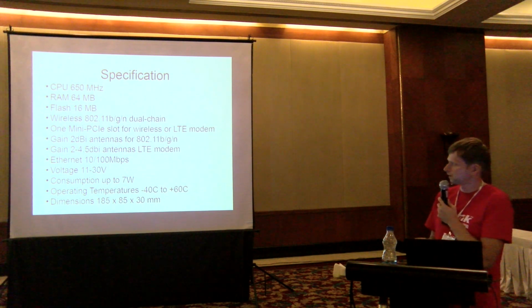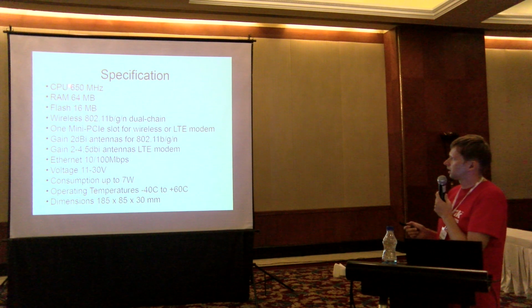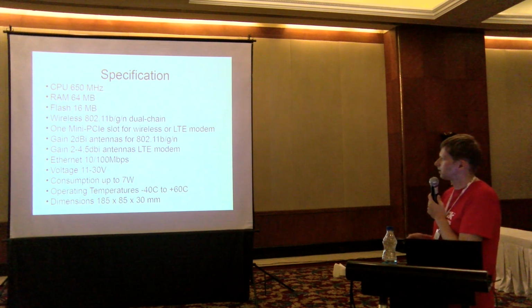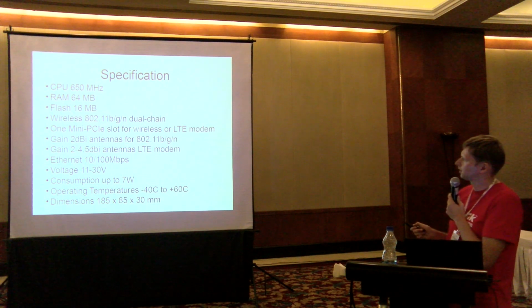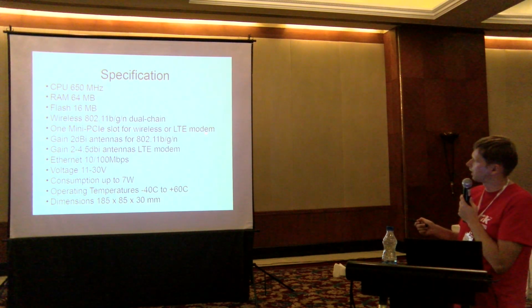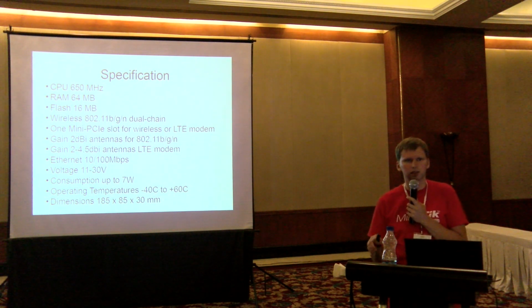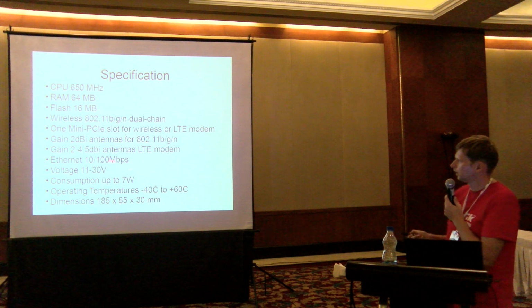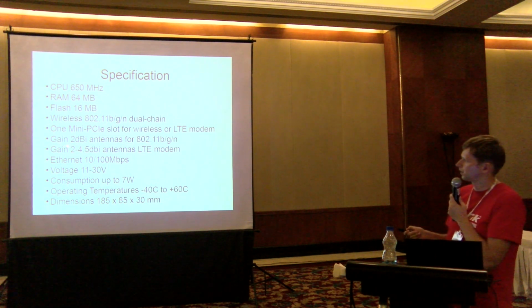On the specification, it's almost the same as the regular WAP, like 650 MHz CPU, same size of RAM and flash, same wireless. But it has an additional Mini PCI Express slot for wireless or LTE modem. With our kit we will populate that slot with an LTE modem. And it has LTE antennas, two pieces.